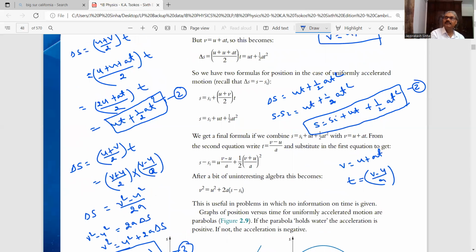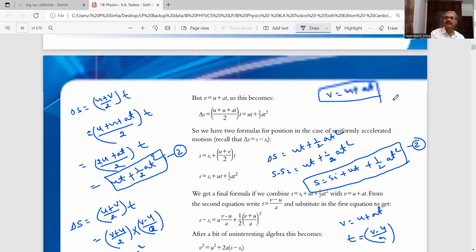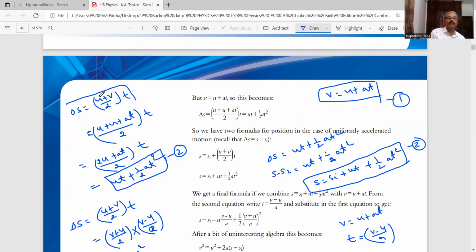This is the second, this is the first, and the fourth equation of motion, from which you are deriving all the other equations, the second and third, is called fourth. You have to know that there are four equations of motion.